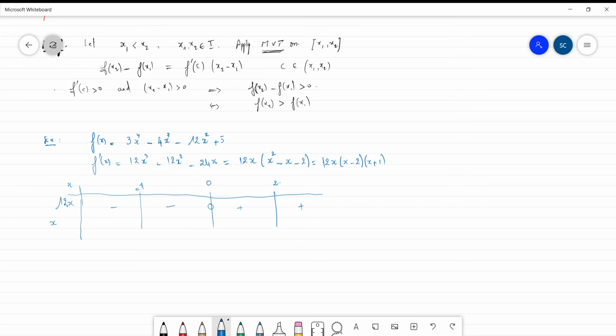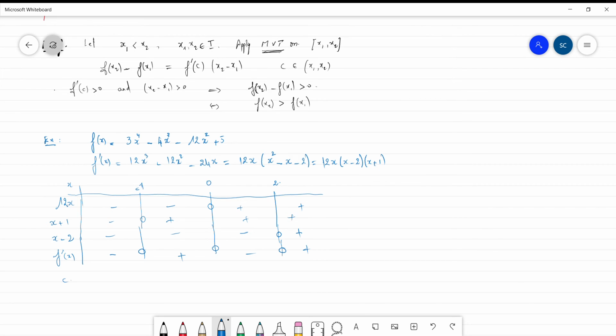And x minus 2 is positive here, negative here, and equals 0 here. So we can conclude the sign of f prime of x. The product gives us negative, positive, negative, and positive, equal to 0 at these points.